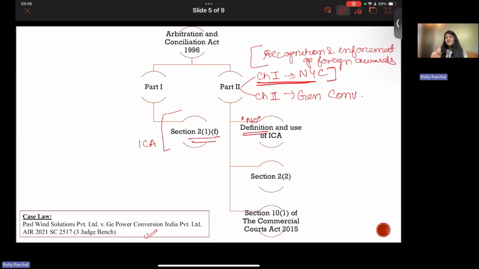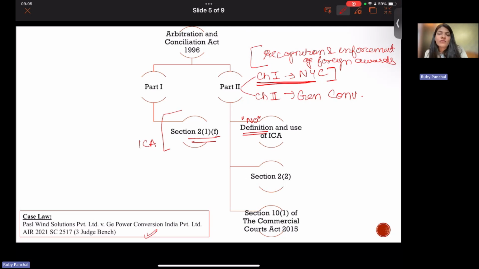So, in the first inquiry as to how we define international commercial arbitration under Part 2, we find there is no particular definition clause in Part 2 which provides such a definition. Secondly, there's not even any phrase which particularly says international commercial arbitration under Part 2.